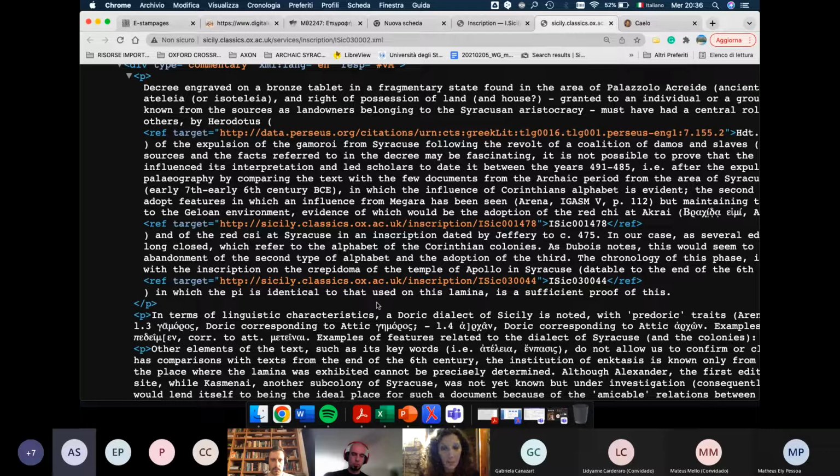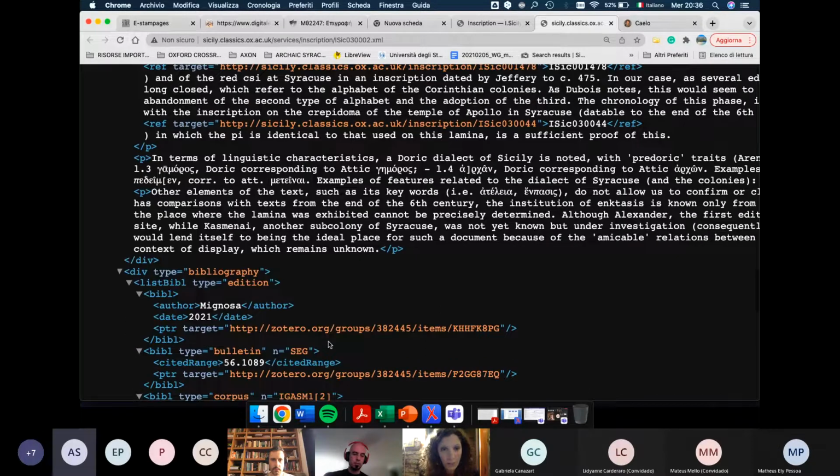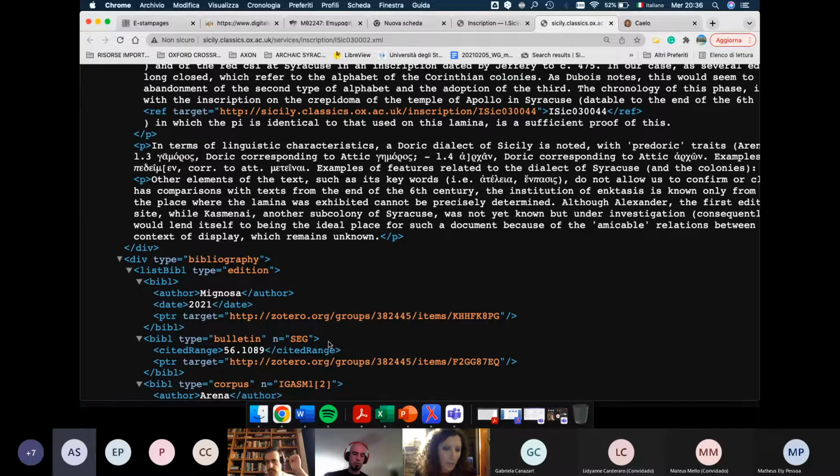But the main thing here is that all these links and references are reliable, because the main problem today, as we all know, is that we have all this information that sometimes is not very reliable. So the duty here with a discipline like digital epigraphy, like epigraphy, is to create something objective, simple, but also reliable, comprehensible not only to digital people, and interconnected with other databases that are reliable themselves.